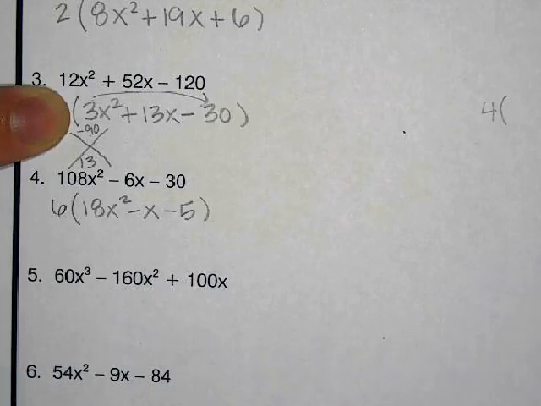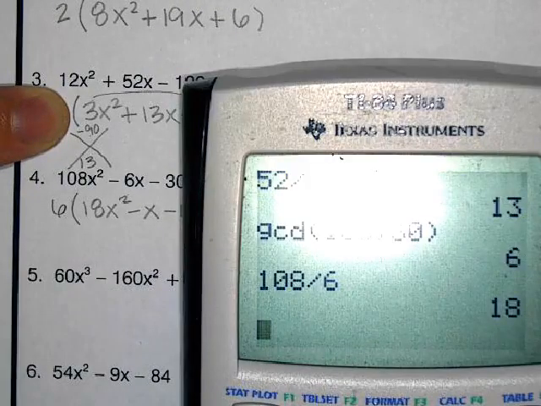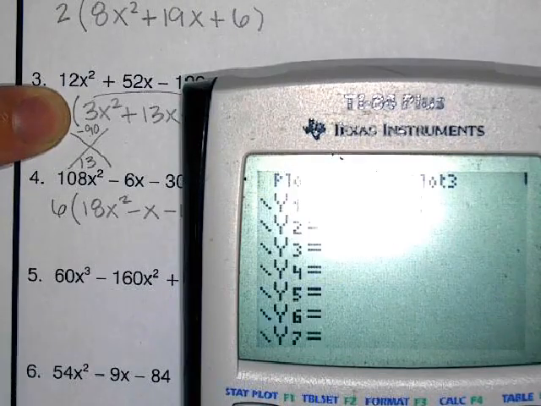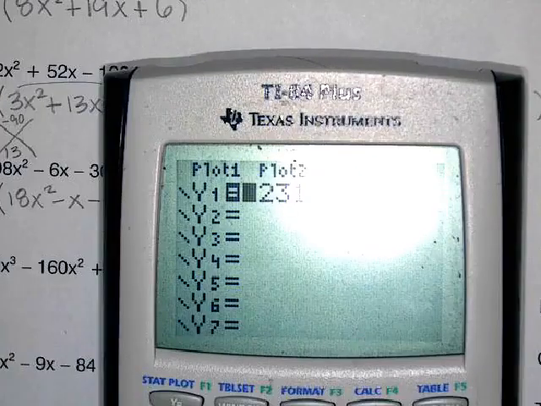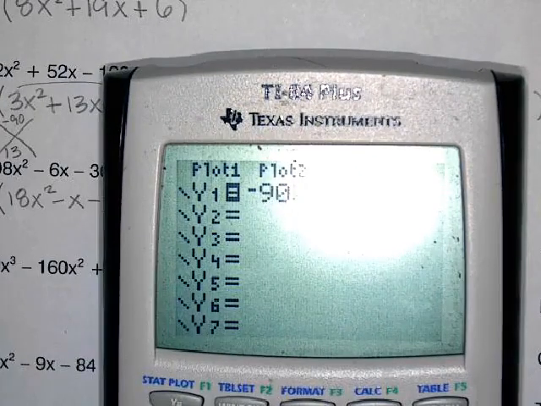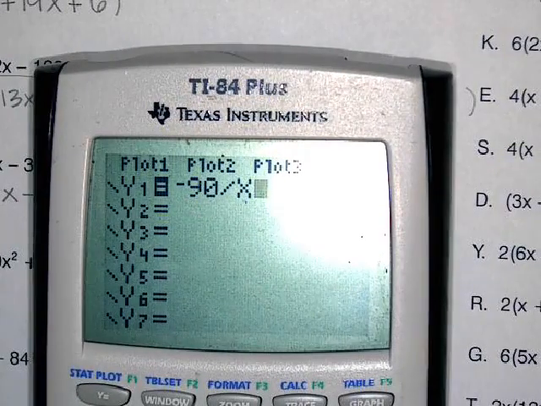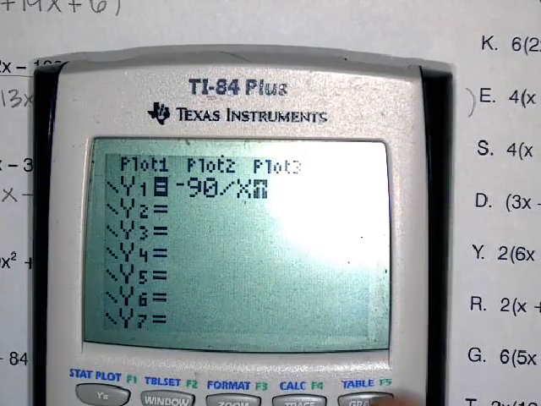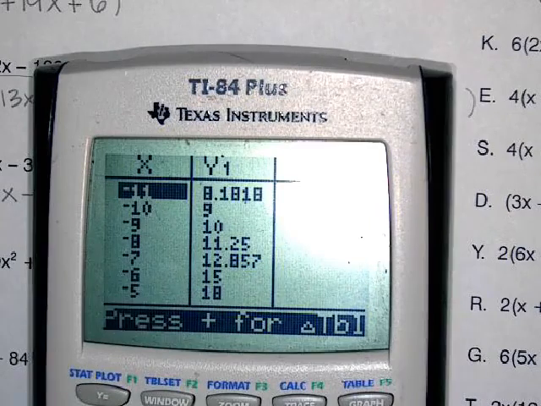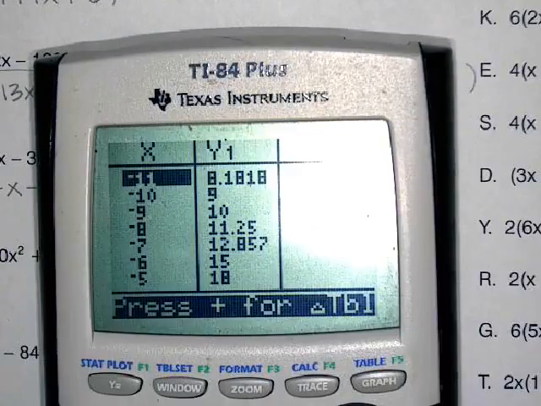I'm going to hit my y equals button, type negative 90 divided by x, and then hit second graph. So I'm looking for 2 numbers that multiply to negative 90 but add to 13.